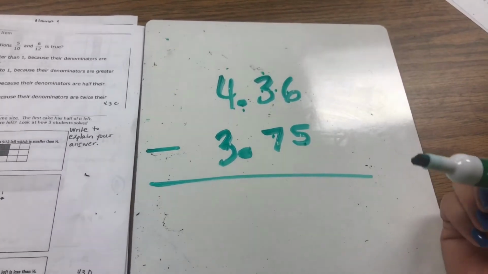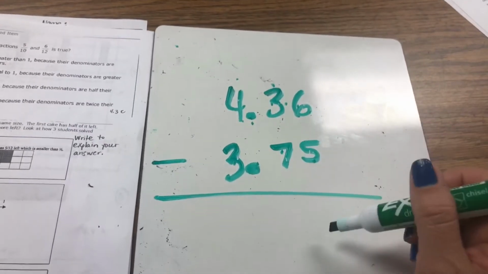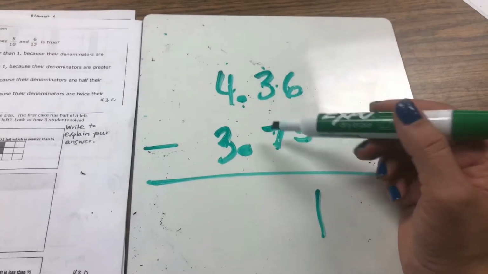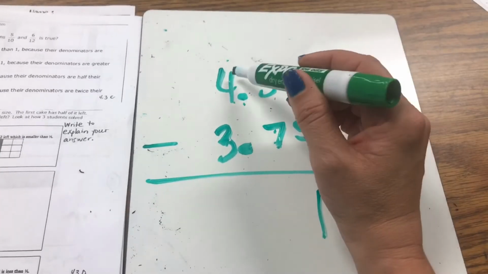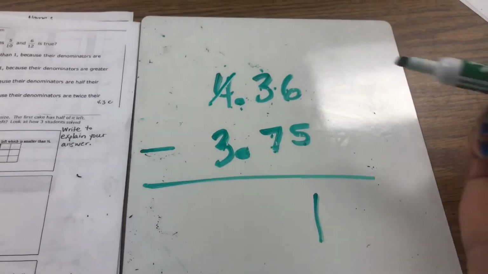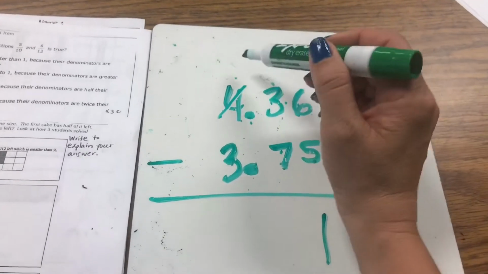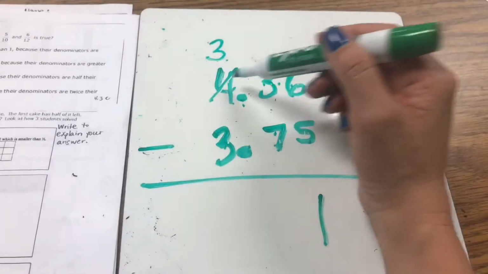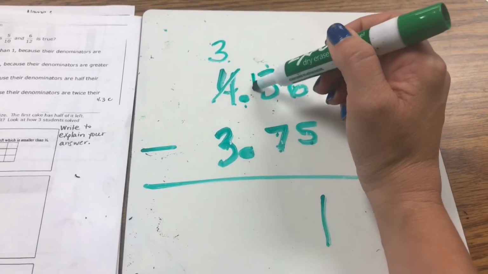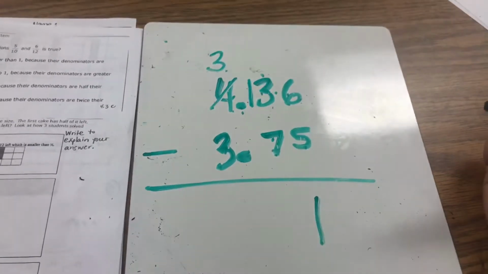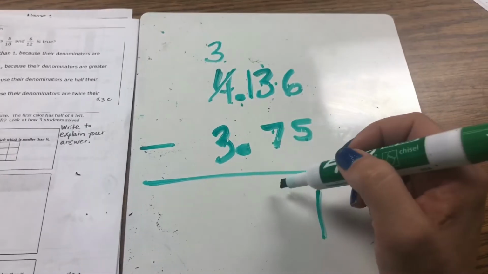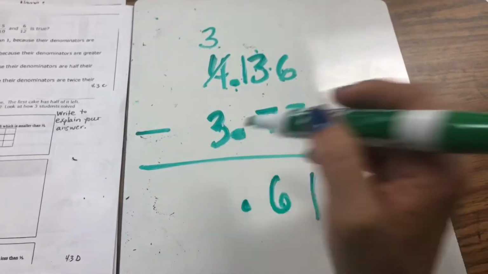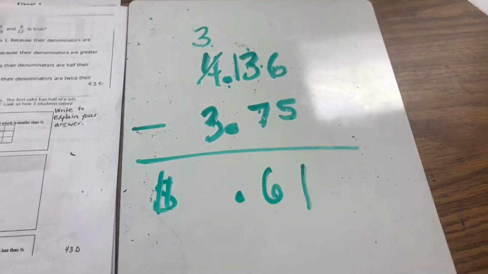So 6 minus 5 is 1. 3 minus 7, you can't take away a larger number from a smaller number, so you have to go next door, get one more, which means you're borrowing from that 4, you're regrouping. That 4 now becomes a 3 because he's lending 1 to this 3. Here's the 1 that it lends. So now we can subtract 13 minus 7, the difference is 6. Bring my decimal point down, 3 minus 3 is 0, so you're left with 61 cents.